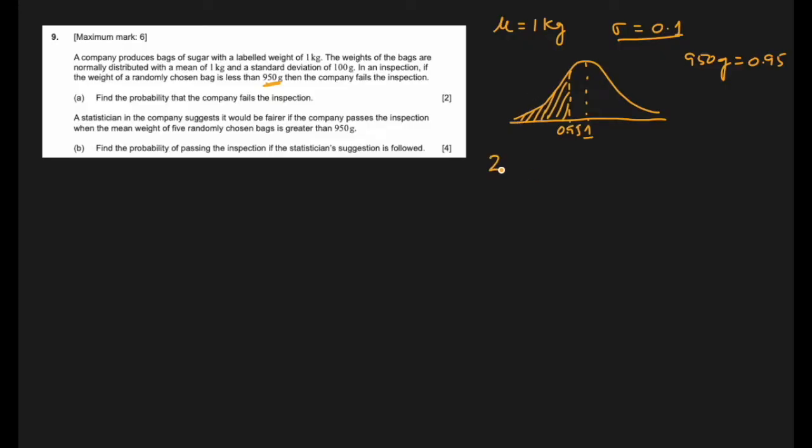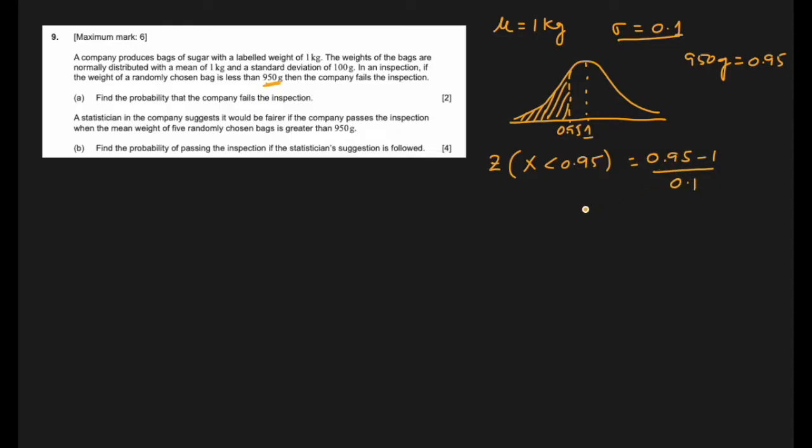So first we have to find z for x less than 0.95. That will be 0.95 minus 1 divided by the standard deviation, 0.1.